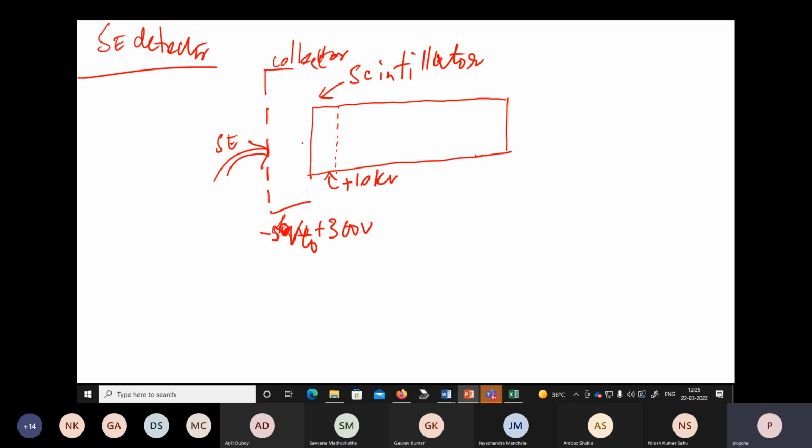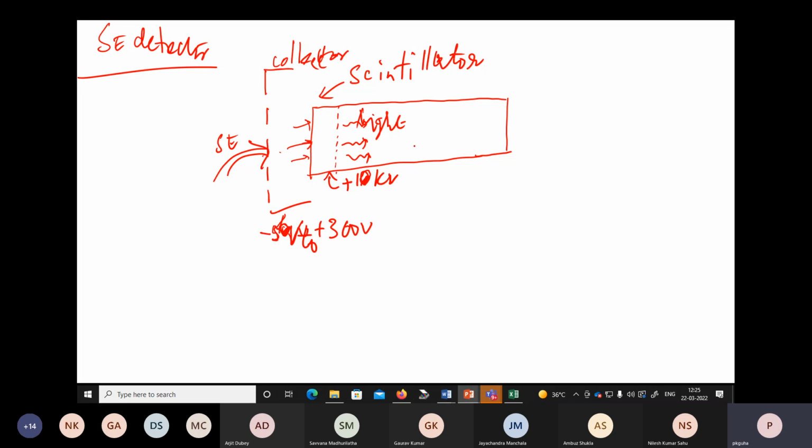So once the secondary electrons enter the collector, they will be accelerated and bombard this scintillator by this high accelerating voltage of 10 kV. This will then emit light.